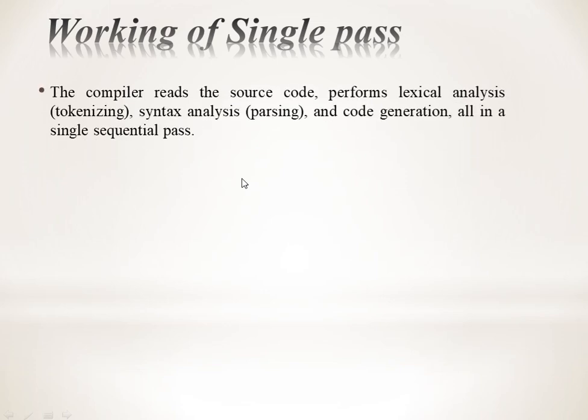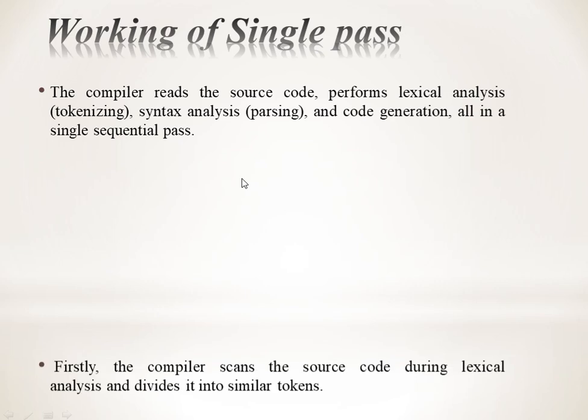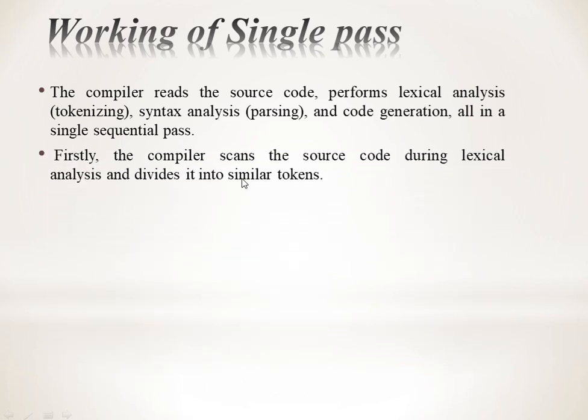So let's see the working of the single pass. The compiler reads the source code, performs lexical analysis, that is tokenization, then syntax analysis, that is parsing, and code generation, all in a single sequential pass. First the compiler scans the source code during the lexical analysis and divides it into tokens.